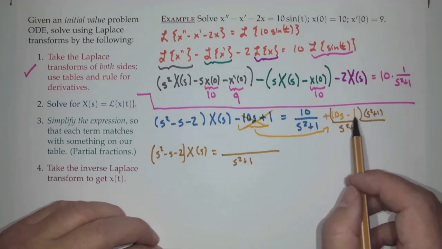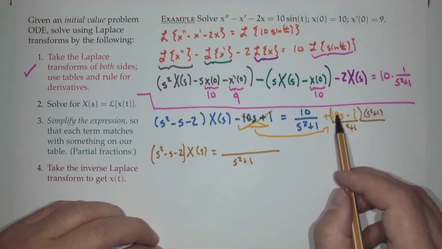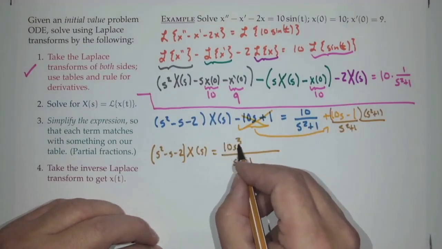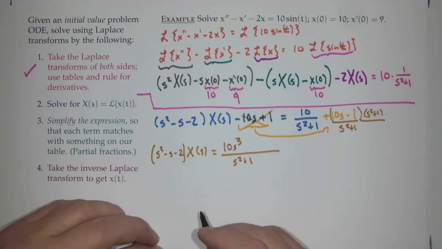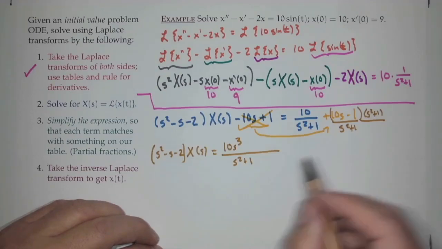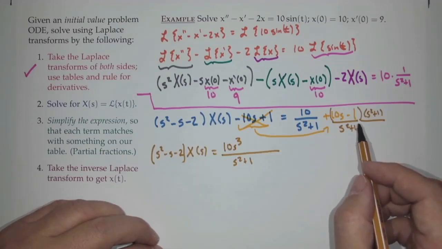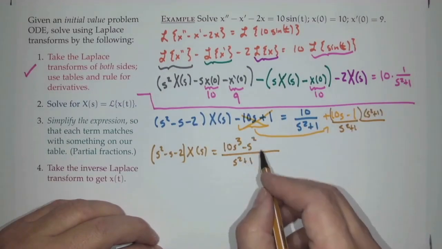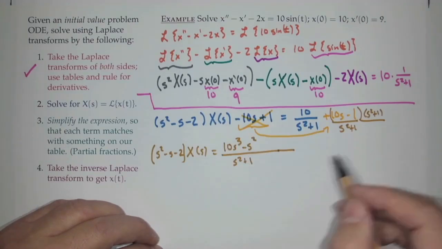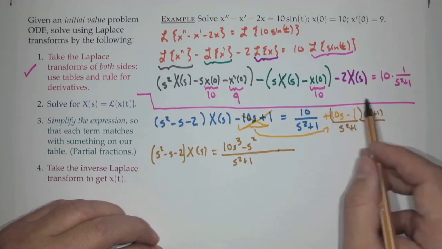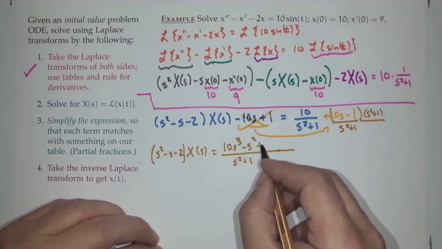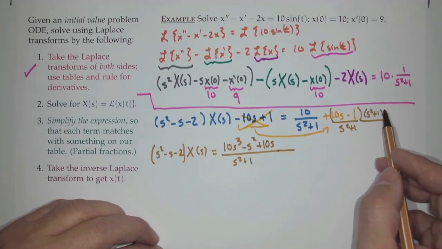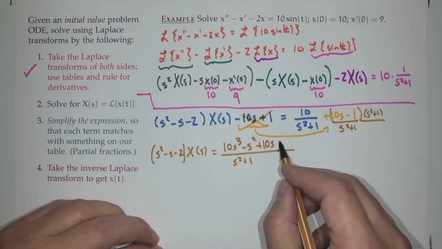S cubed. How many s cubes do we have? 10s cubed, because we have 10s times s squared. So 10s cubed. What's our next highest power? Okay, s squared. How did we get that? Okay, so that means a minus s squared. Okay, what's next? There's a 10 times s. All right. And anything else? There's a minus 1 plus 10 making plus 9.